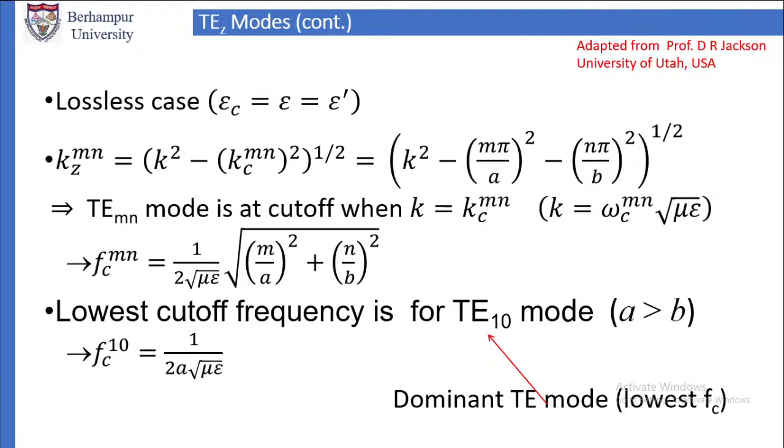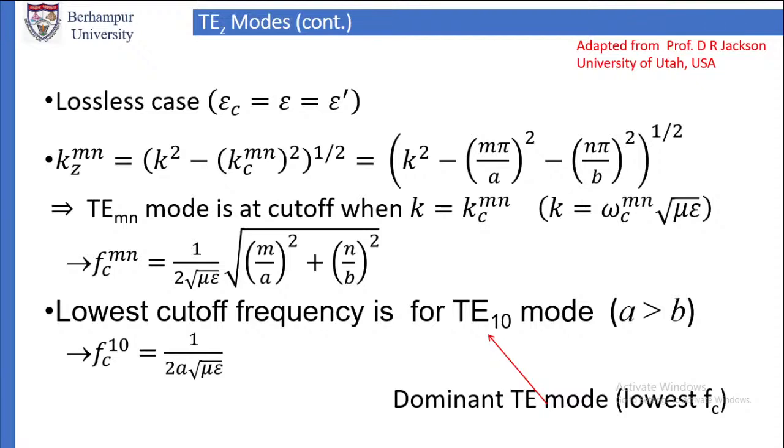Now a TMmn mode is at cutoff when k is equal to kc mn, where k is equal to omega c mn root over mu epsilon.